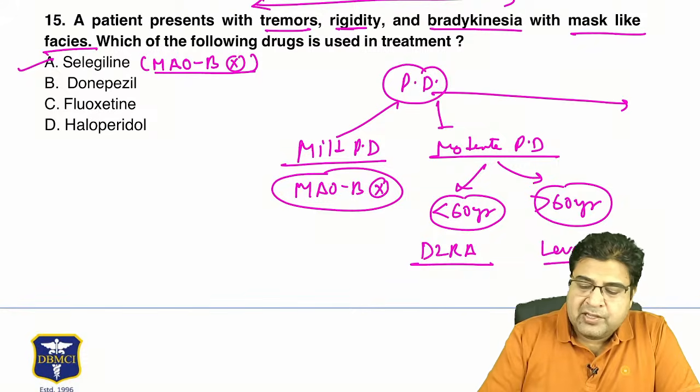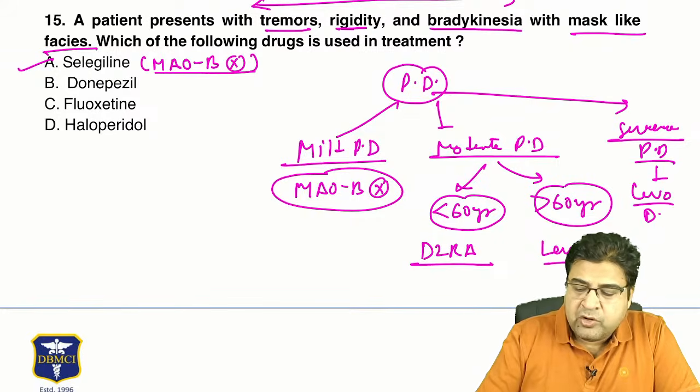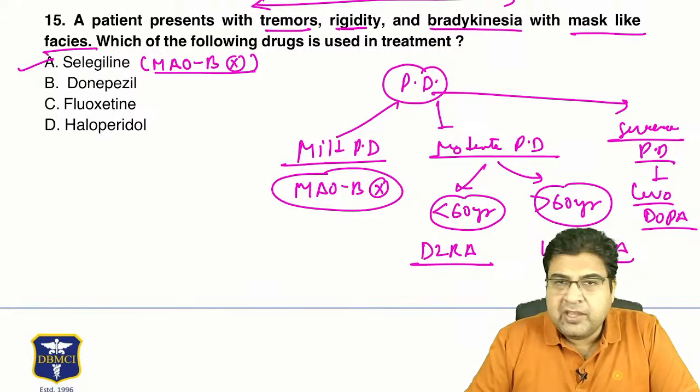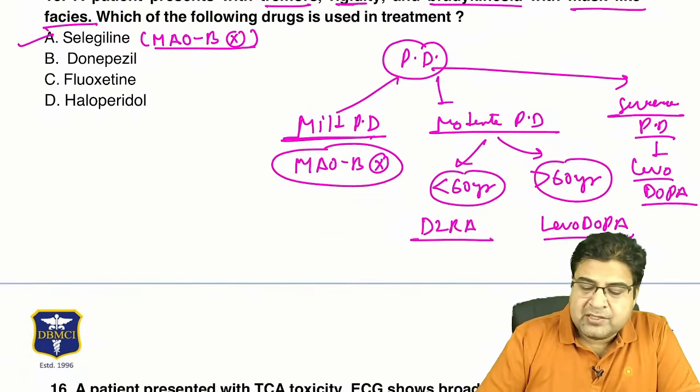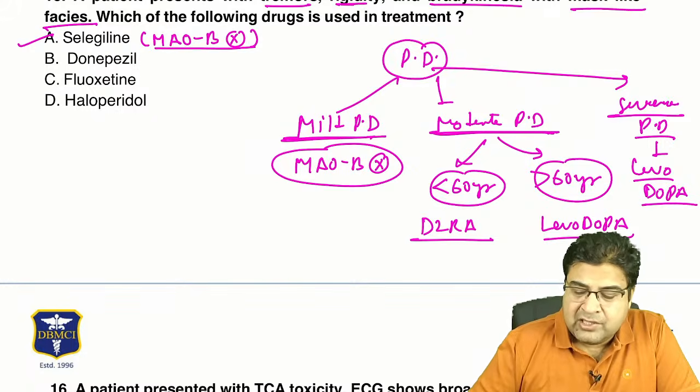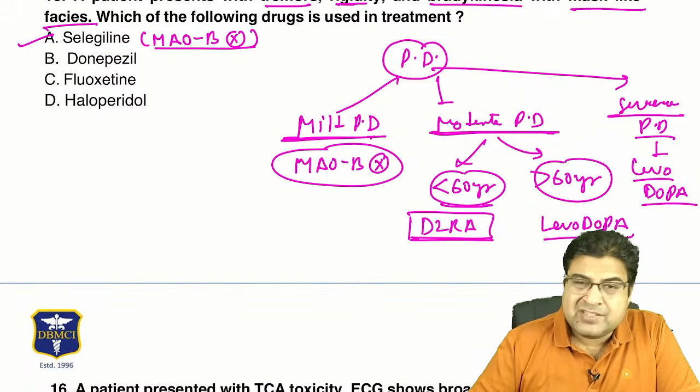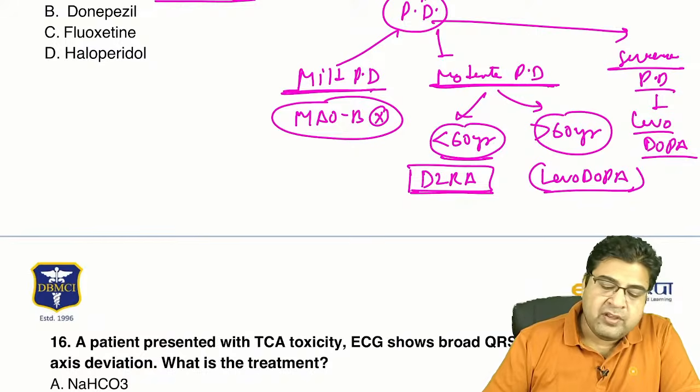Now, if the patient is having severe Parkinson's disease, here we will give levodopa directly to the patient. So selegiline is a medicine for mild Parkinsonism. For moderate cases, if age is less than 60 years, a dopamine 2 receptor agonist. More than 60 years, we give levodopa.